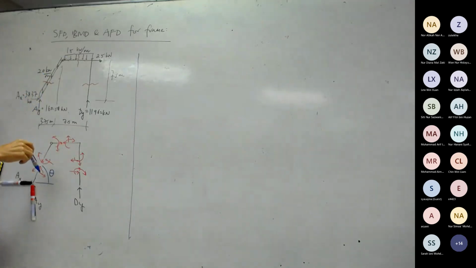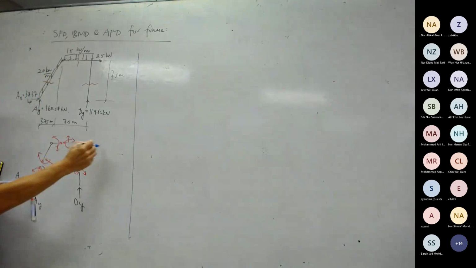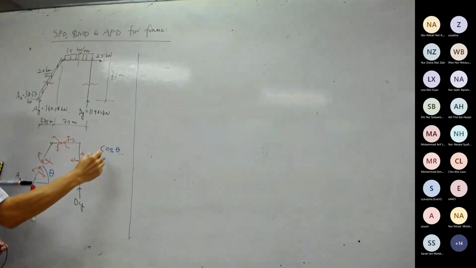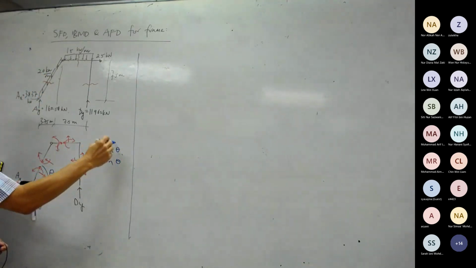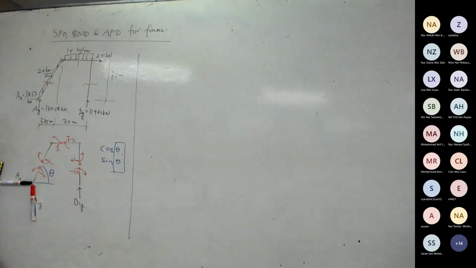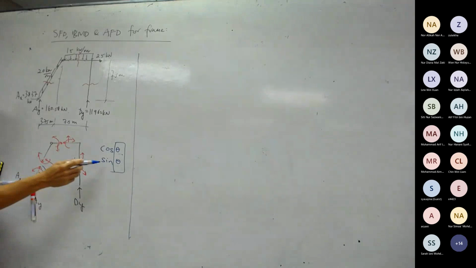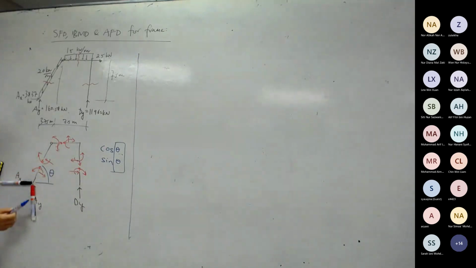And what we need is actually cosine theta and sine theta. So we don't need this theta. What we need later in the calculation when we go in more detail will be the cosine of this angle and sine of that angle to get the component.